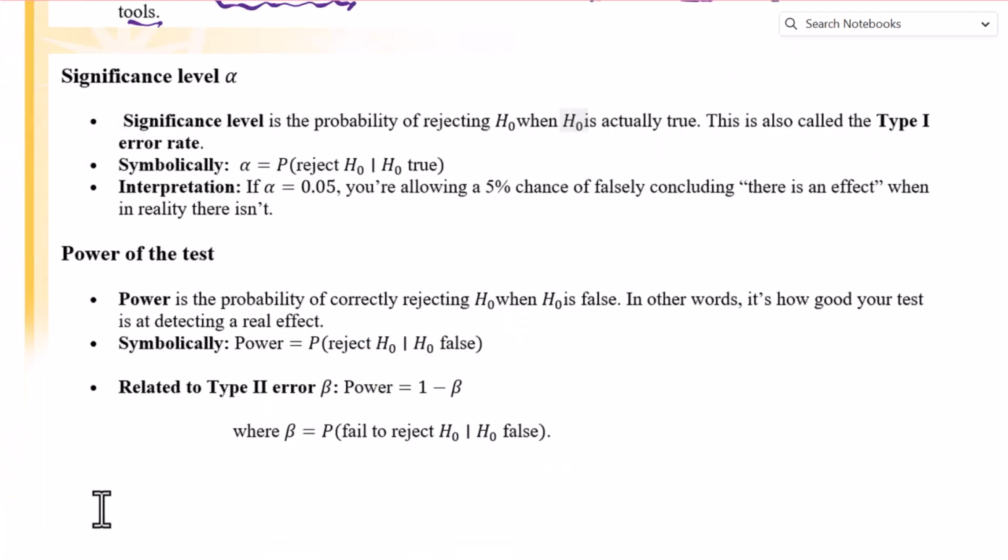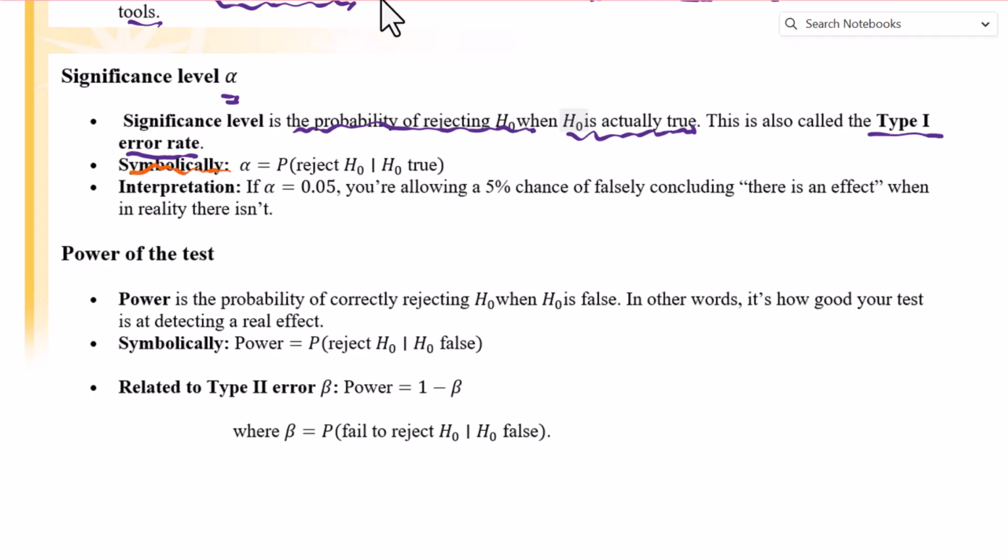Let's talk about significance level alpha. It is the probability of rejecting H0 when H0 is actually true. This is also called the type 1 error rate.